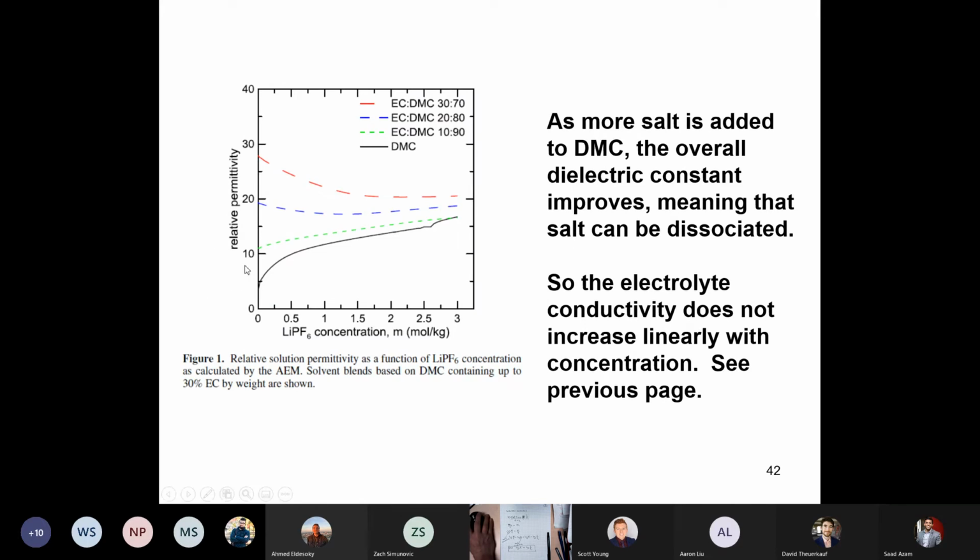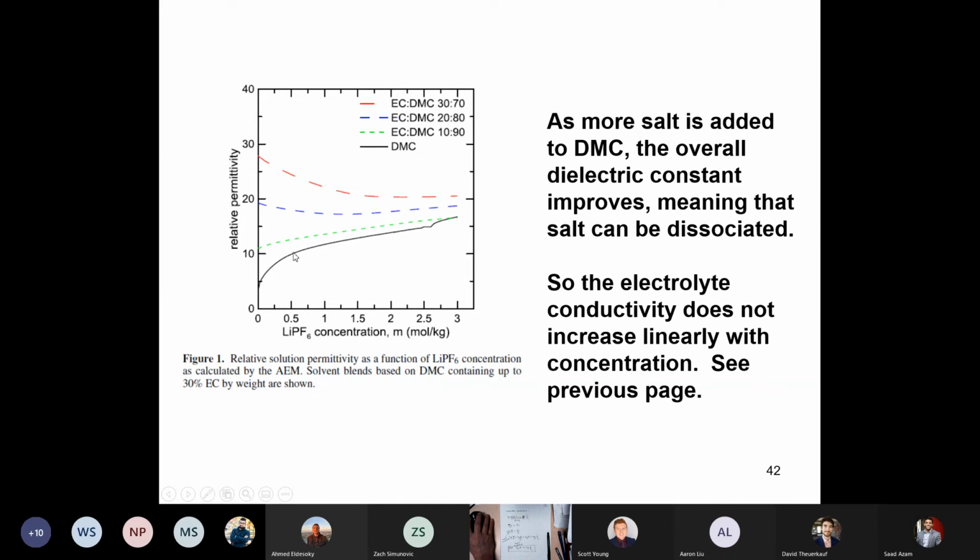If you take a look at the dielectric constant of the solution as a function of LiPF6 concentration, if you have pure DMC or pure EMC, the dielectric constant of the pure solvent is about 3 or 4. But as you add salt and some of the salt begins to dissolve, the dielectric constant increases.